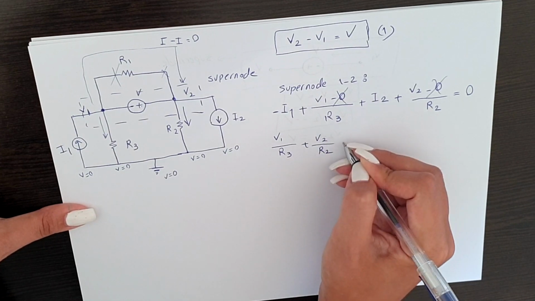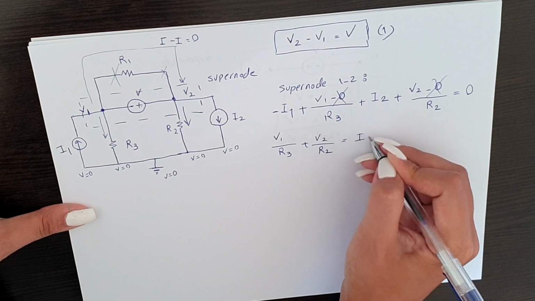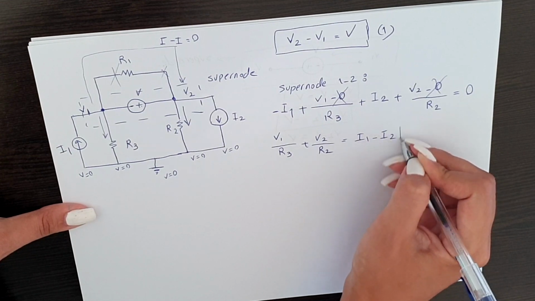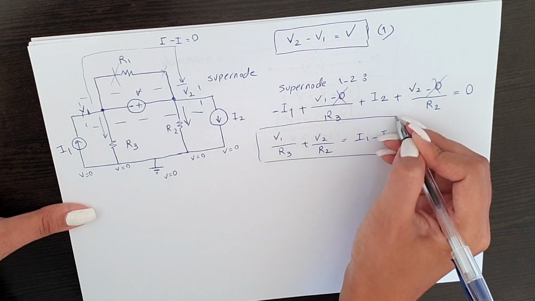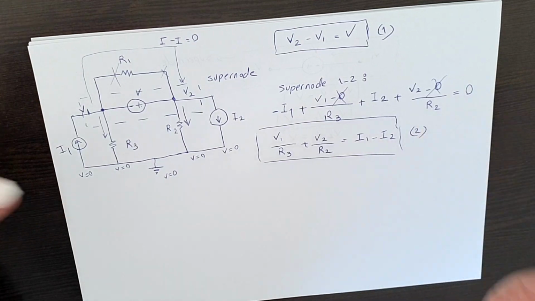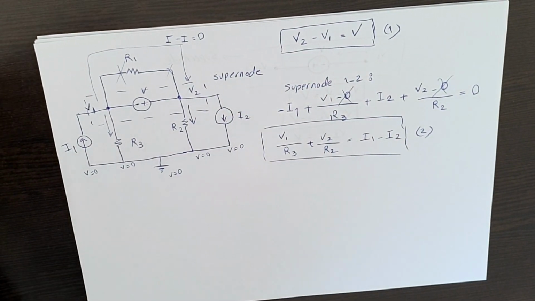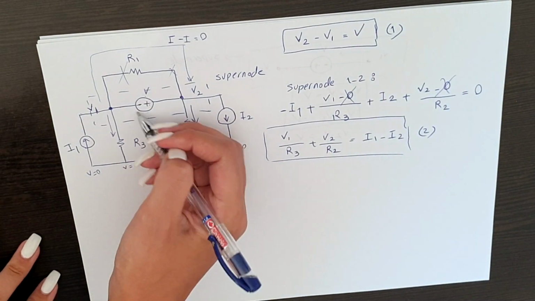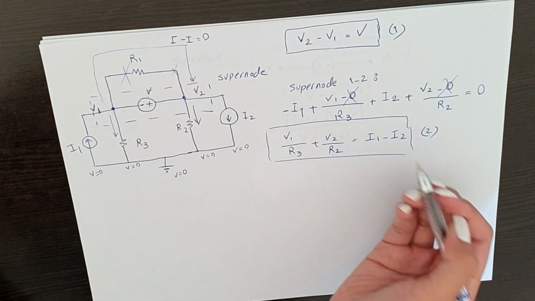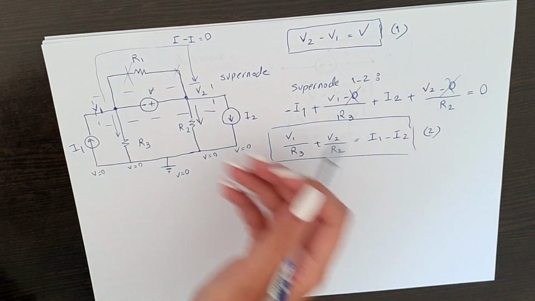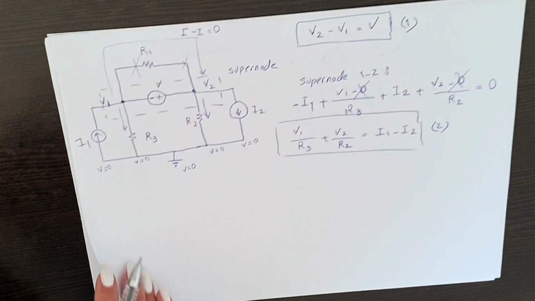If we take our currents to the other side, it's going to be I1 minus I2. And this is going to be our second equation. We have two different variables, V1 and V2. If it was a real question with numbers, we would have the value of our voltage source and our current sources, and we could easily solve this question.